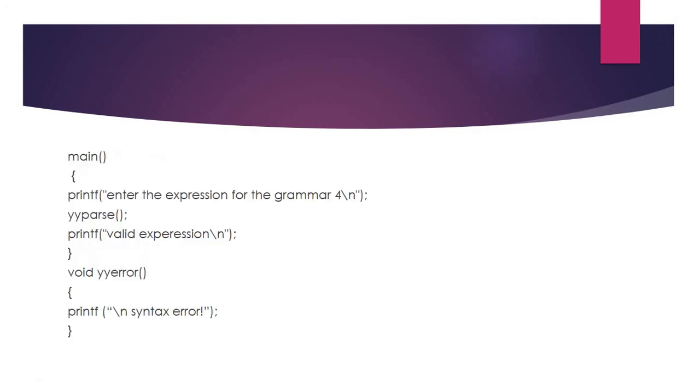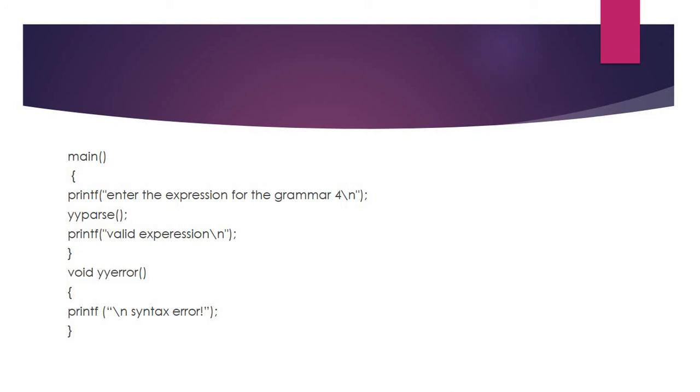The data type may be any one of the types, and the list of variables produces list of variables separated by comma and ending with the identifier, or the list of variables may be only one variable. That's why ID is used here. To terminate the production rule, a semicolon is used.